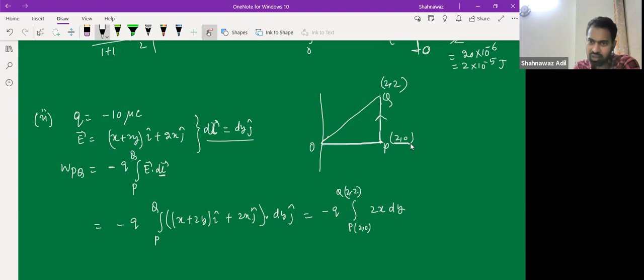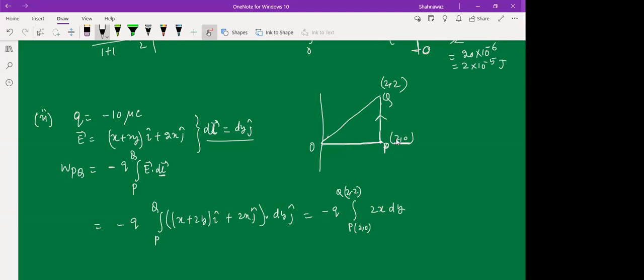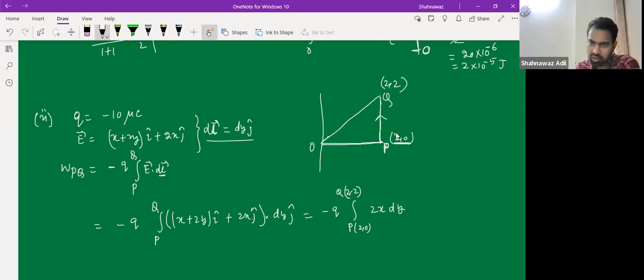What is the value of x at point P? 2, sir. 2. Right.